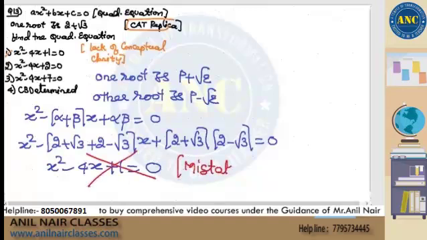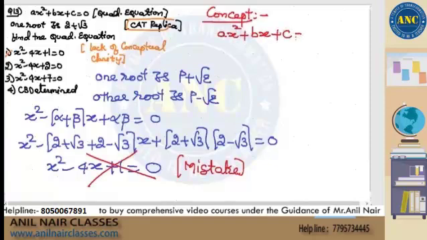They are doing it because they do not know the exact concept. Please write down the concept. Concept is ax square plus bx plus c equivalent to 0, only when a, b, c are rational.